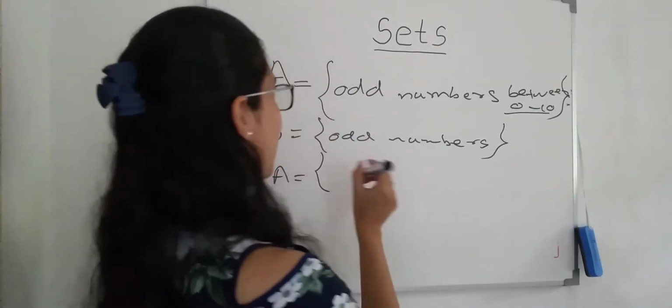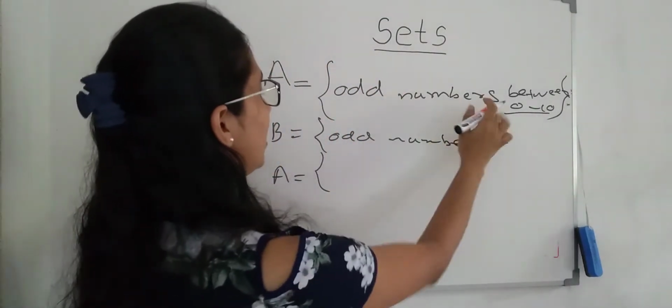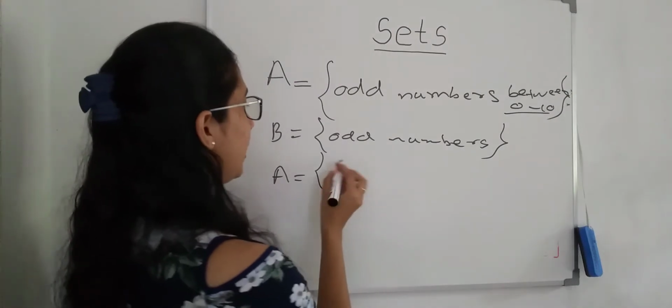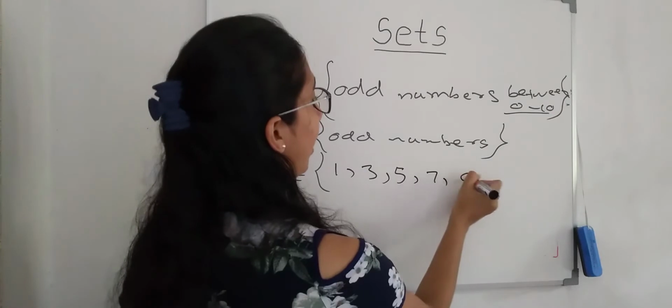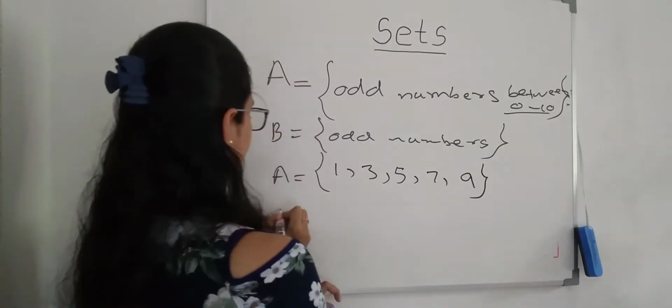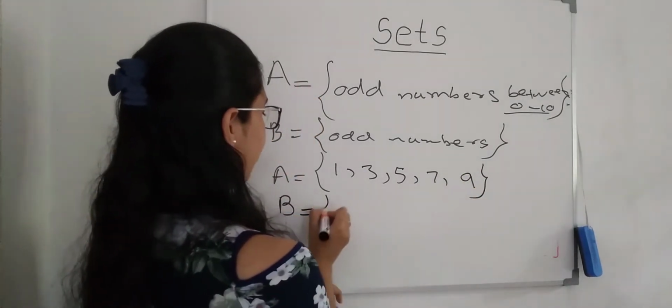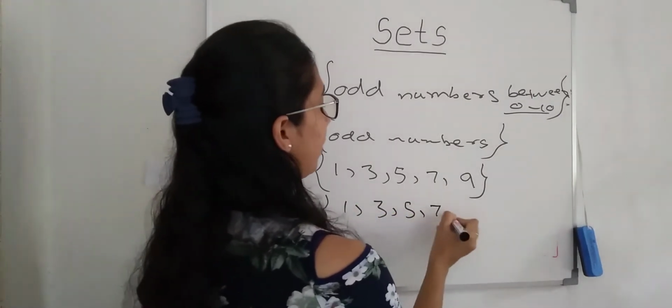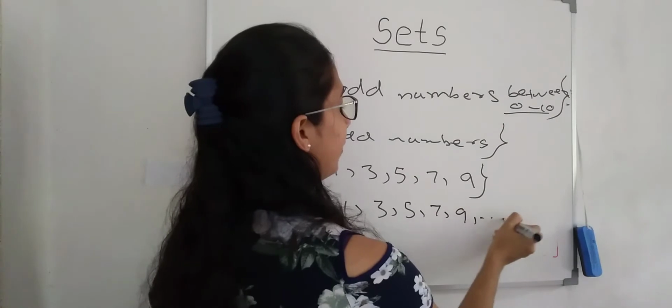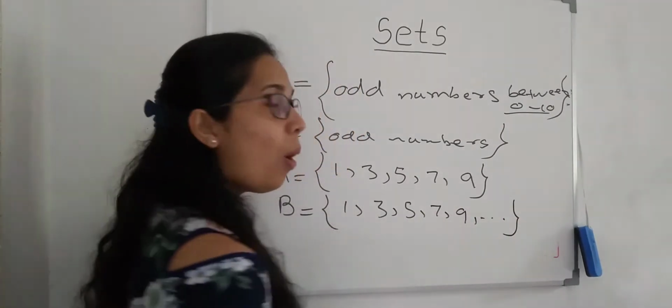So let's write the elements of these both sets. Odd numbers between 0 and 10. What are the elements? 1, 3, 5, 7 and 9. That's all. And let's write the elements of the set B. What are the elements? 1, 3, 5, 7, 9, and we can write many more elements.